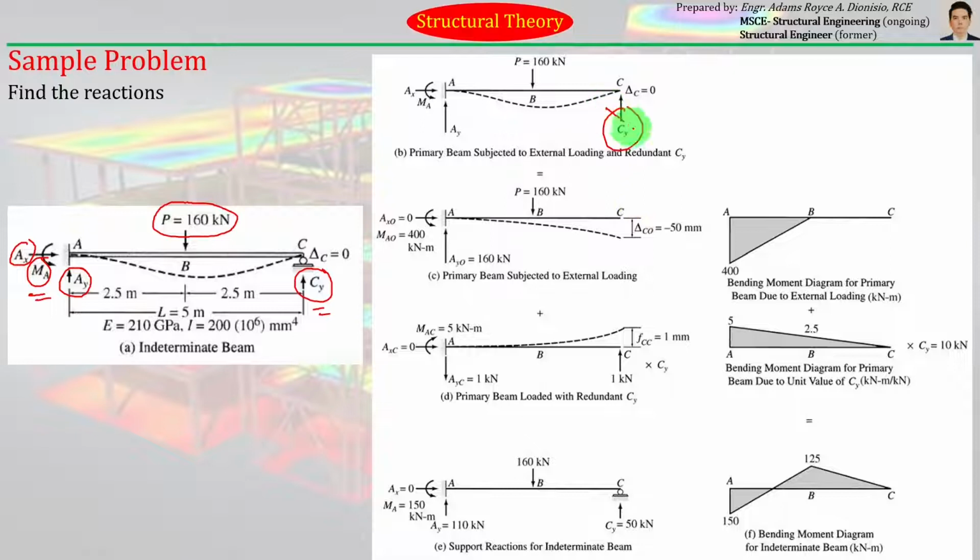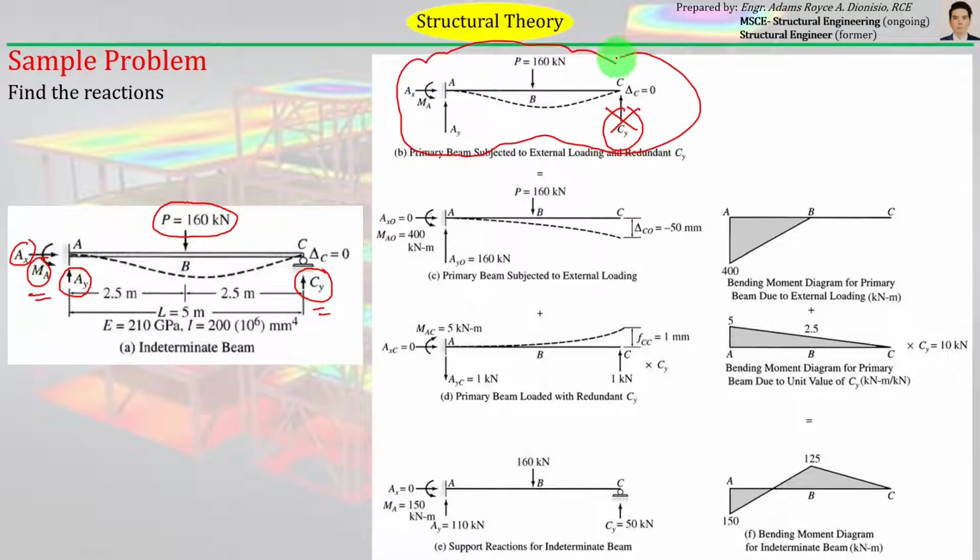So after removing CY from the original structure, which is this, the resulting structure will look something like this with no restraint at the end joint C. So since there is no restraint at end joint C, if you will apply a 160 kilonewton load at midspan, the cantilevered beam will deflect with a certain magnitude.